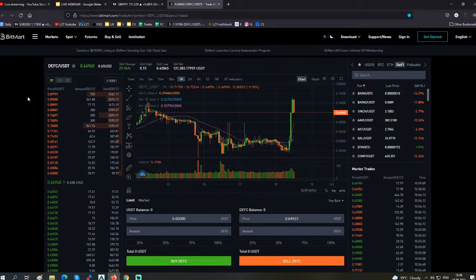Also we have here something like a support zone, support area, former resistance. So personally, this is my opinion, it is not a trading signal or something like this.